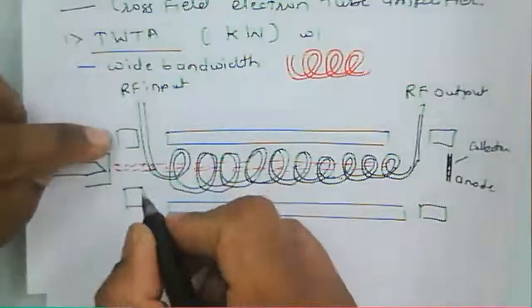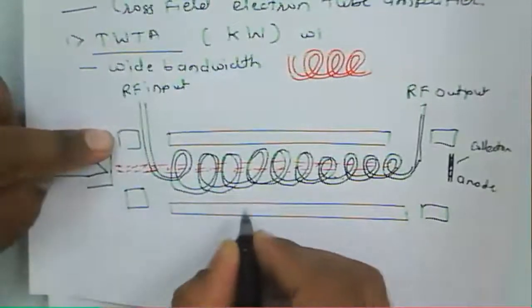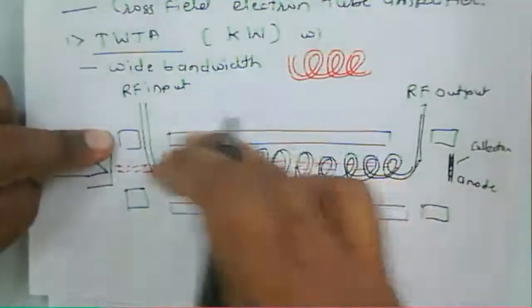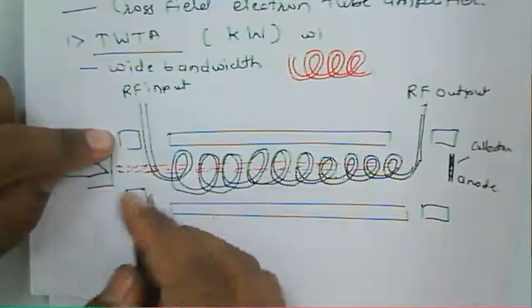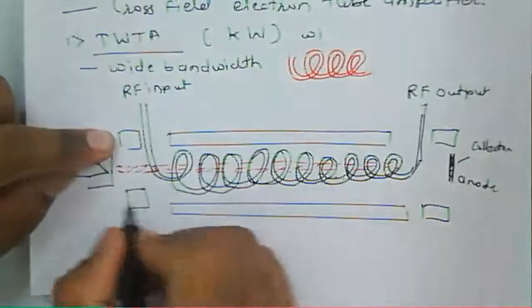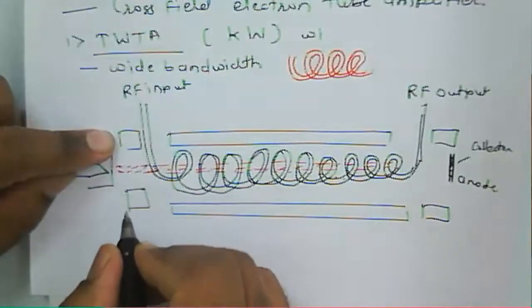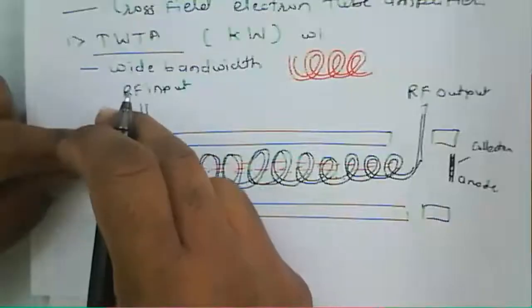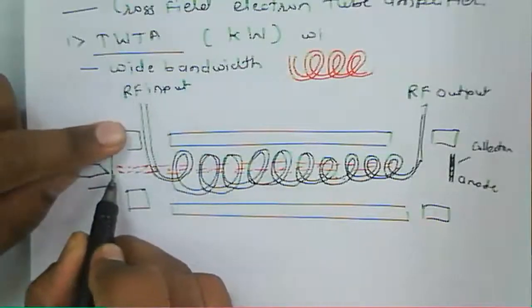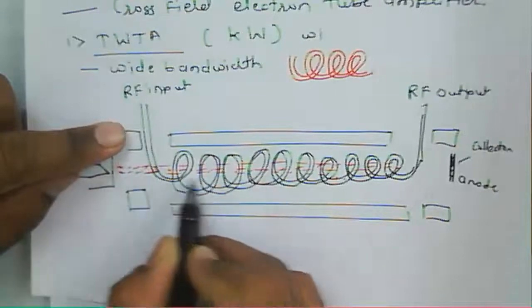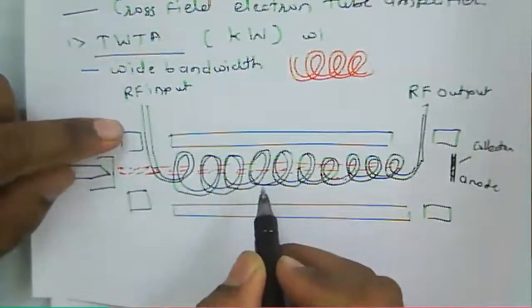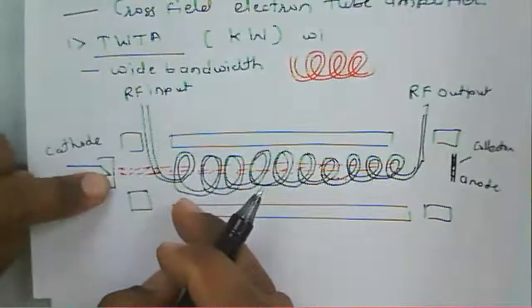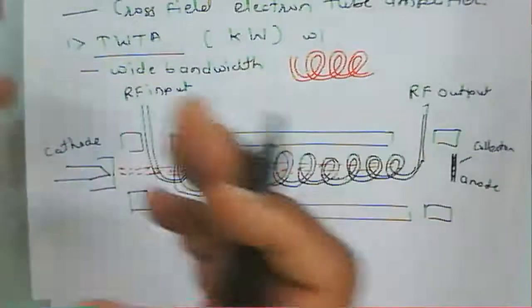These magnets around the tube in the TWTA are used to focus the electrons so that they propagate through the helix only. Suppose an electron is emitted from the cathode; it could go anywhere.